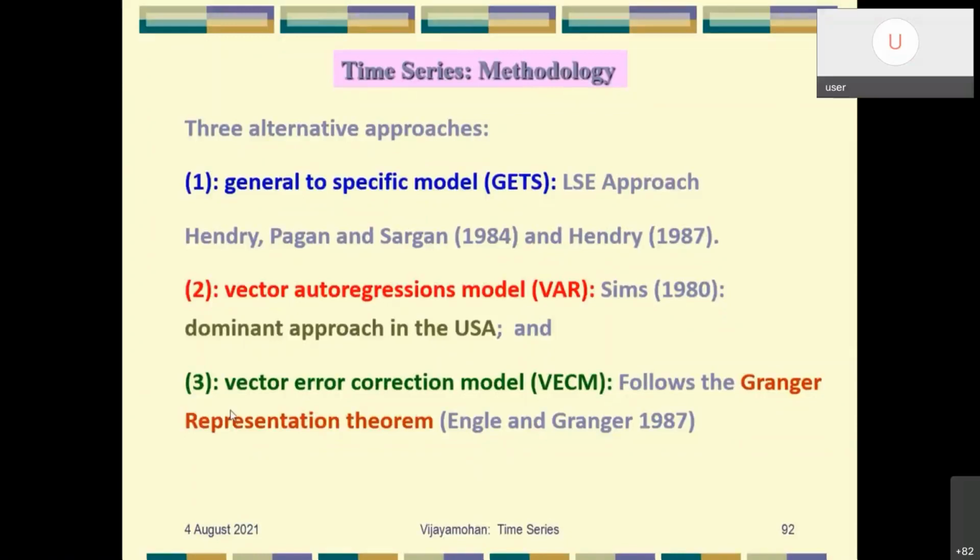Then we have the VECM, and this follows the Granger representation theorem, and VECM was the dominant approach used in the European continent in general earlier, and there was very heated exchange, controversy between the USA econometricians and the European econometricians one time over the superiority of VAR or VECM. A large number of articles are there on this particular controversy. So I'm stopping here.